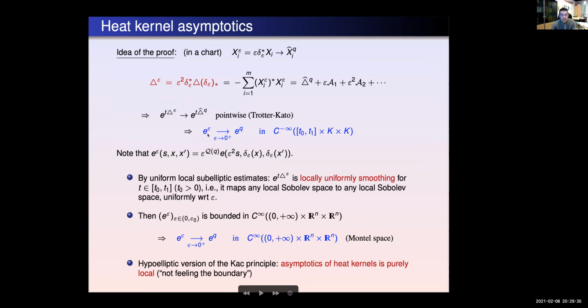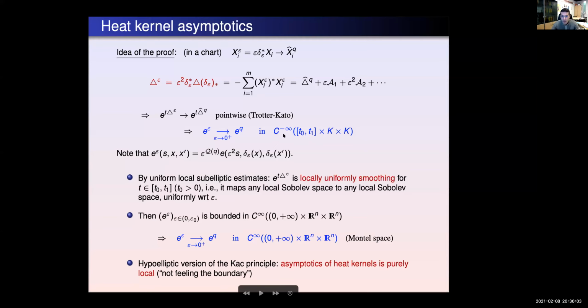Associated to it, you have a heat kernel depending on epsilon, and just by the Trotter-Kato theorem, you have convergence of the heat kernel in the distribution sense. But of course, what we would like is much stronger than that. We would like to have a convergence in C-infinity, not in the distributional sense.